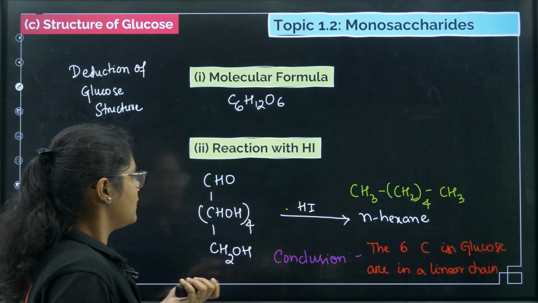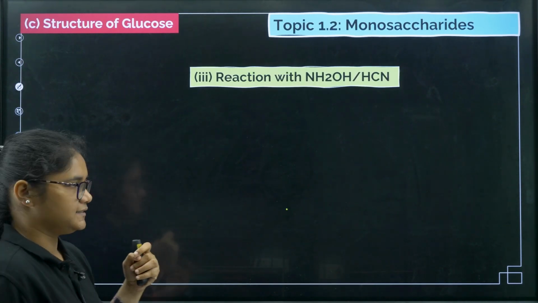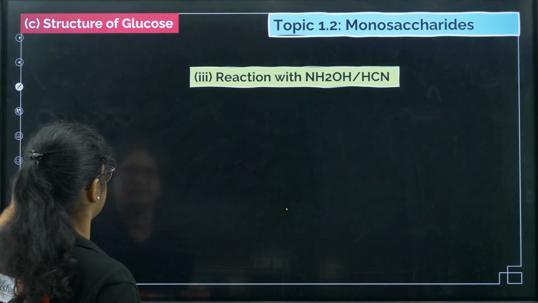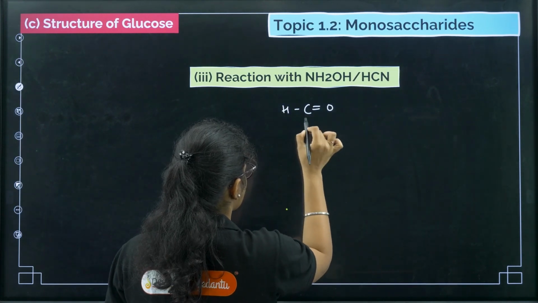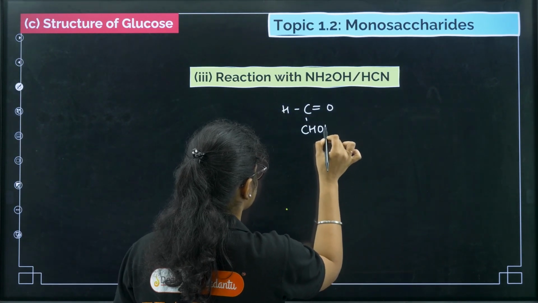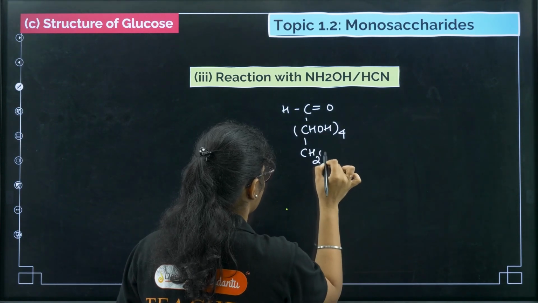Now coming to the third reaction, that is reaction with NH2OH or HCN. So now if we react them like this, I told you the structure of glucose, CHO, you have CHOH whole 4 and then you have CH2OH.